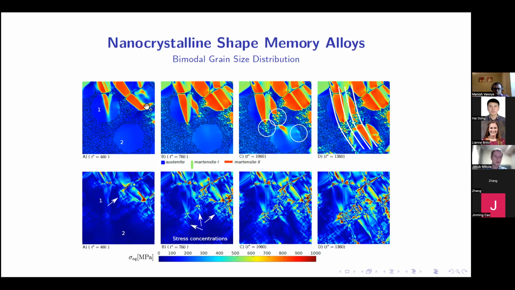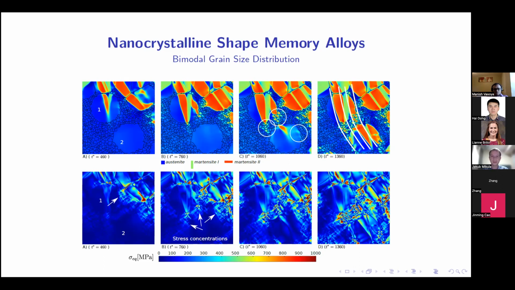Here we have this large grain denoted by 1, and then it proceeds through the layer of small grains, and then it nucleates in the larger grain. But as it proceeds through this layer, there are also these stresses at the interface that are an additional driving force for the phase transformation also in the region of the smaller grains. So this is the mechanism by which we observe this phase formation here.